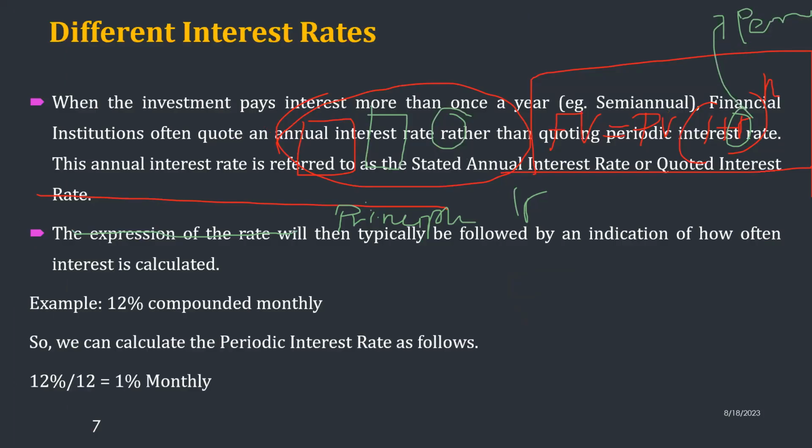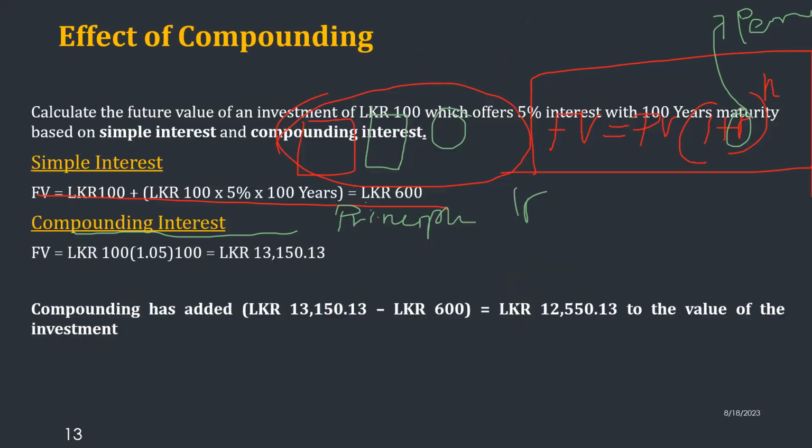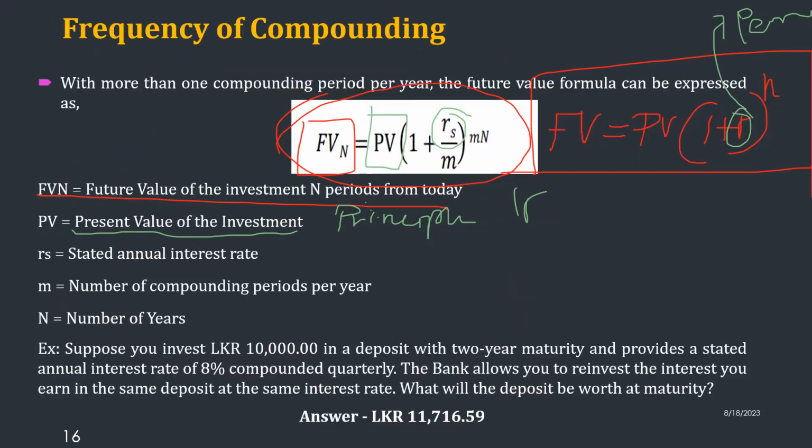Institutions often quote an annual interest rate rather than a periodic interest rate. If the interest is paid more than once per year, then an annual interest rate is quoted, which is also known as a stated annual interest rate.